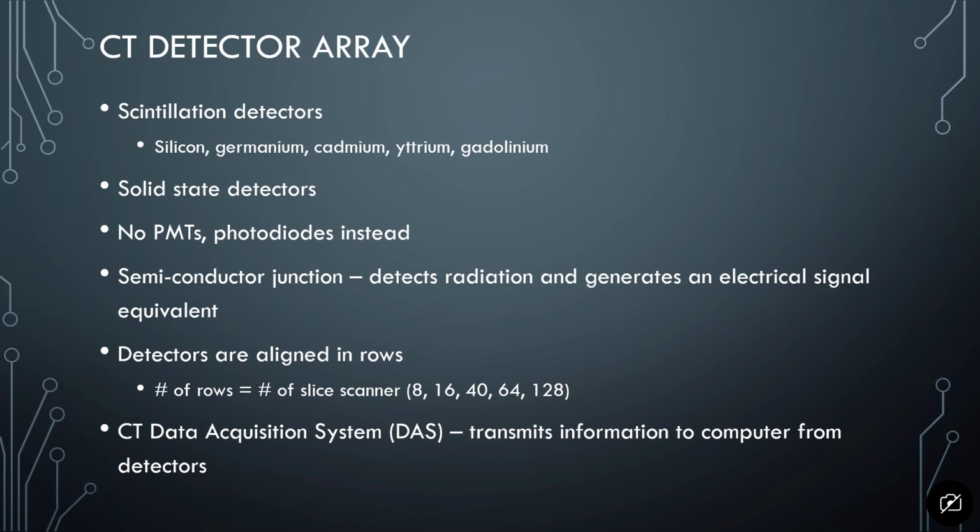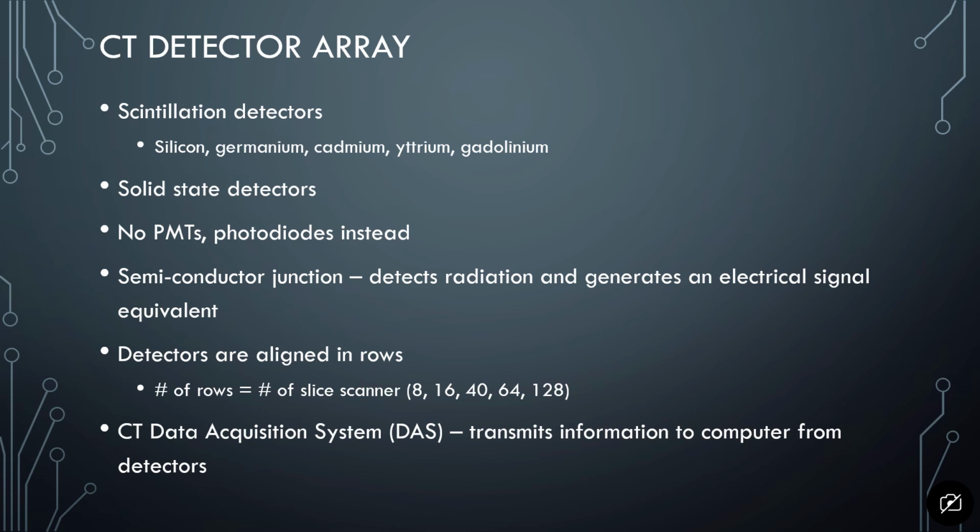Typically for diagnostic CT, you do want the scanners that are 64 or 128. That gives you a better ability to scan quicker when you're doing things like bolus tracking or helical CT. It helps to have more rows. But for PET/CT or SPECT/CT, if you're just doing it for attenuation correction, typically 8 is good enough.